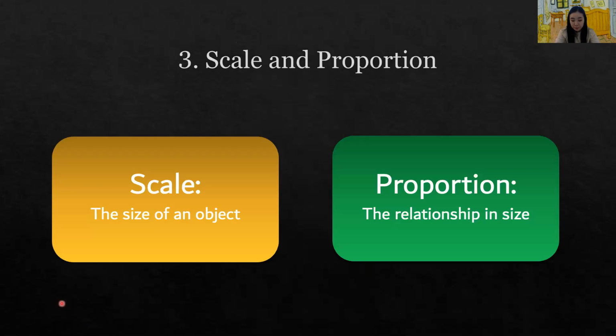Proportion refers to the size relationship between parts of a whole, or between 2 or more items perceived as a unit. So scale and proportion both have to do with size.